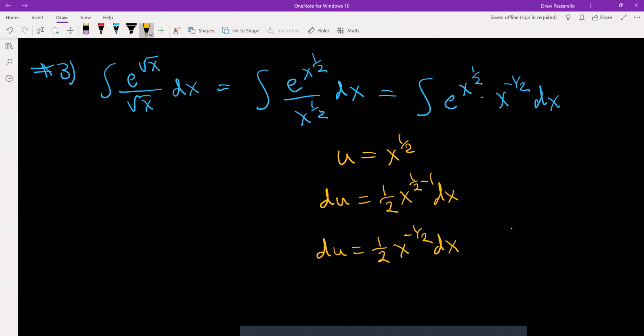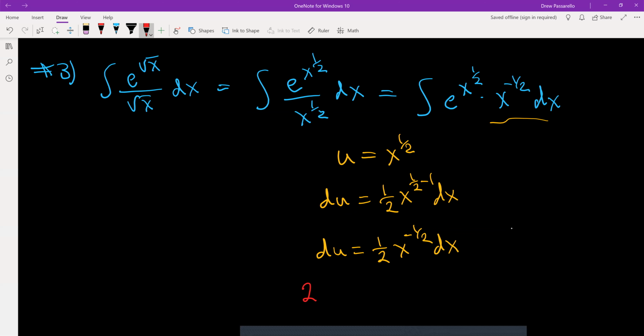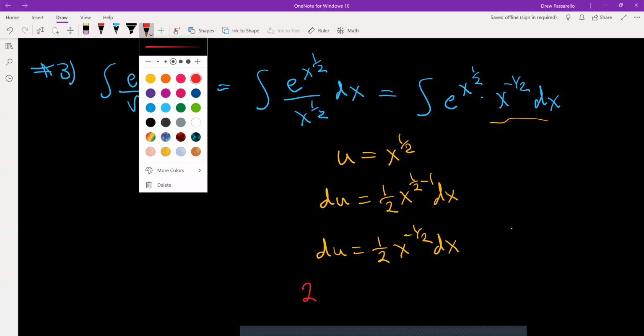So I have the x to the negative 1/2 dx, but I'm missing the 1/2, so I need to get rid of the 1/2 by multiplying both sides by 2. So on the left side, you get 2 du, and the 2 cancels out with the 1/2 to get x to the negative 1/2 du.